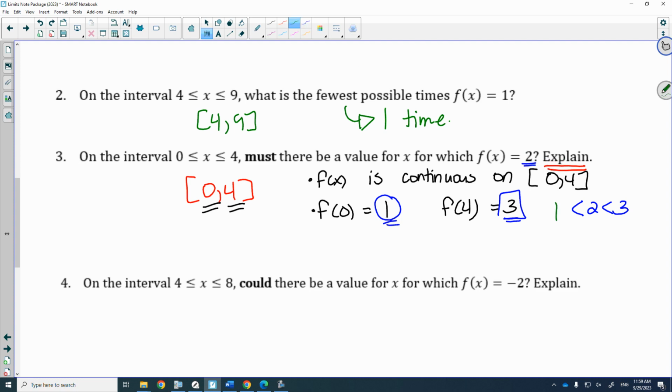So what that means is we know that there's a c value less than 4, greater than 0.